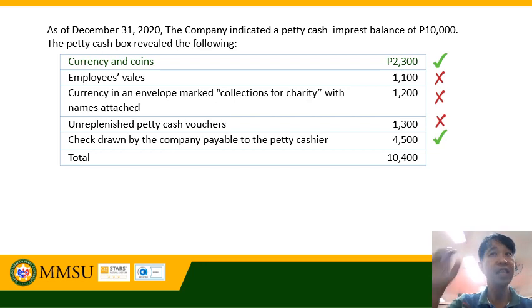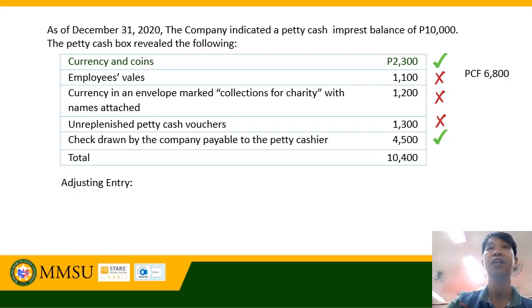So there are two items here that are supposed to be still part of the petty cash fund balance, and that is 2,300 and 4,500 for a total of 6,800. Okay, so making the adjusting entry for this, you have to reduce the trial balance of 10,000 to its correct balance of 6,800. And therefore, that should be a reduction by 3,200.